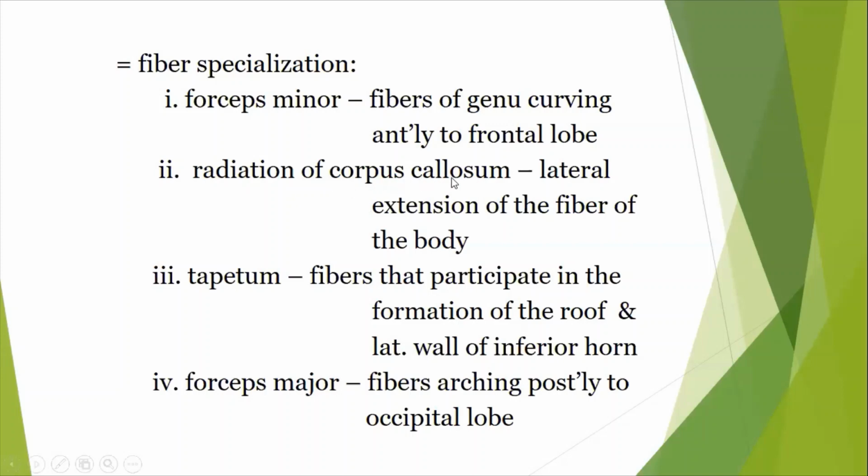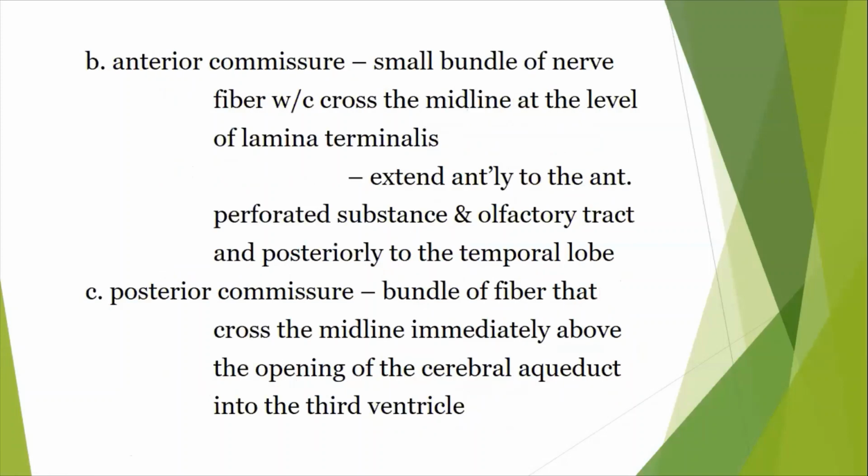Then you have the radiation of the corpus callosum, which are lateral extensions of the fibers of the body. Then you have the tapetum, the fibers that participate in the formation of the roof and lateral wall of the inferior horn. Then you have the forceps major, the fibers arching posteriorly to the occipital lobe.